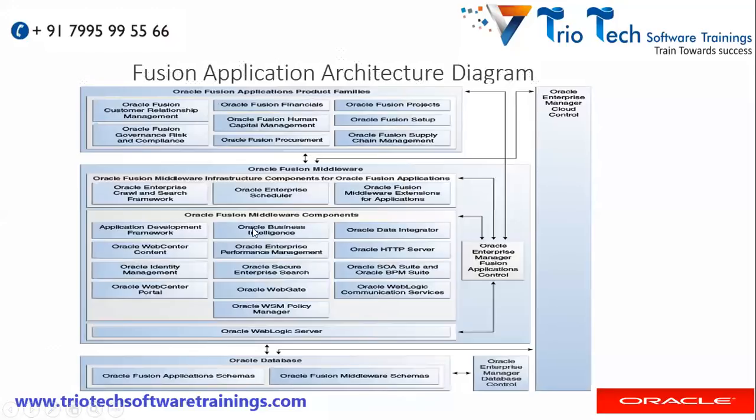Oracle Business Intelligence is a component and a server where your analytical reports are created and managed with direct access to your database. So these components will be directly interacting with your database.